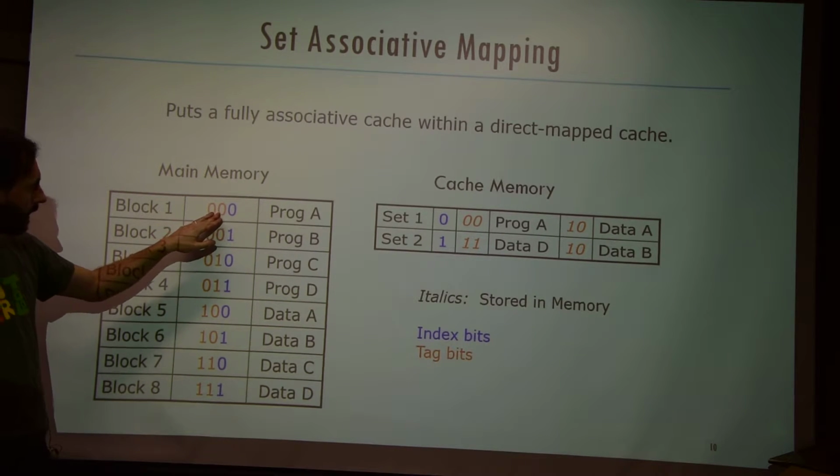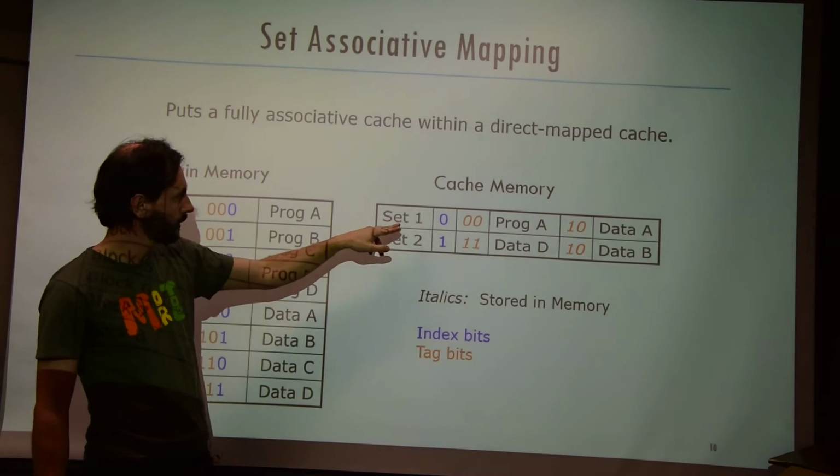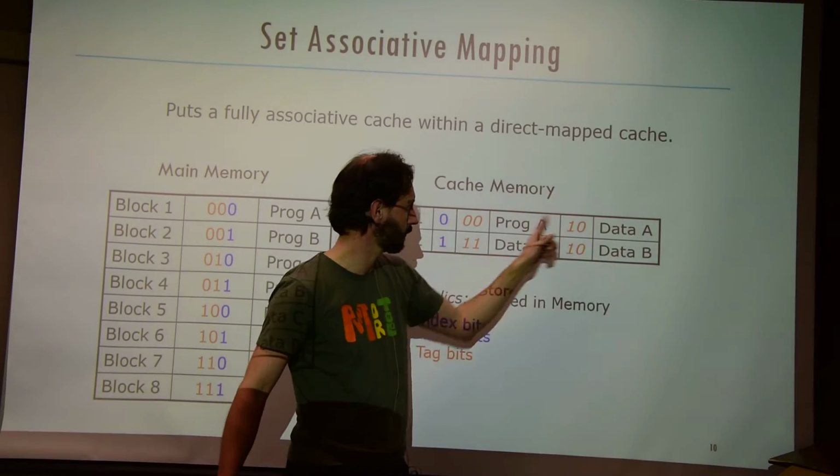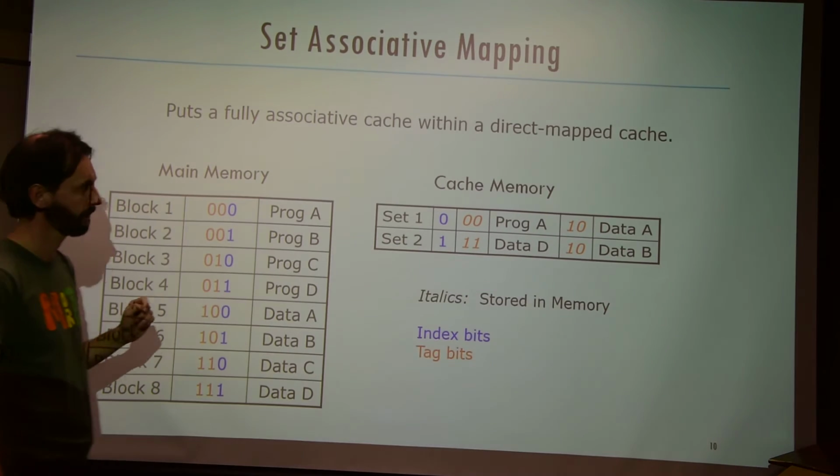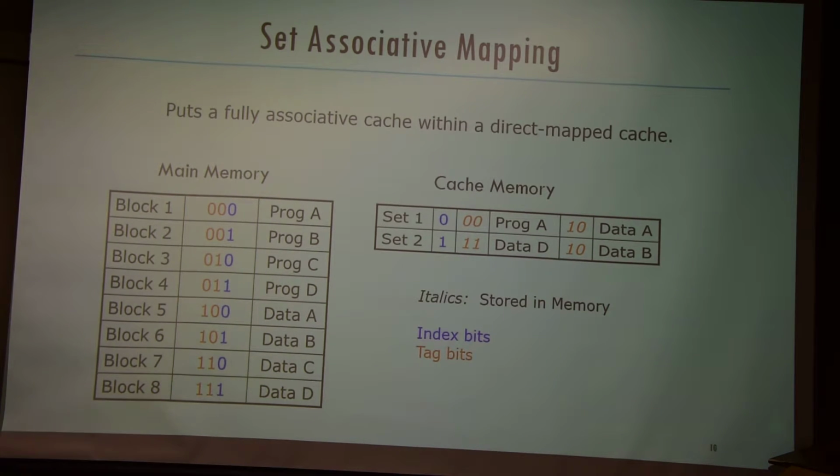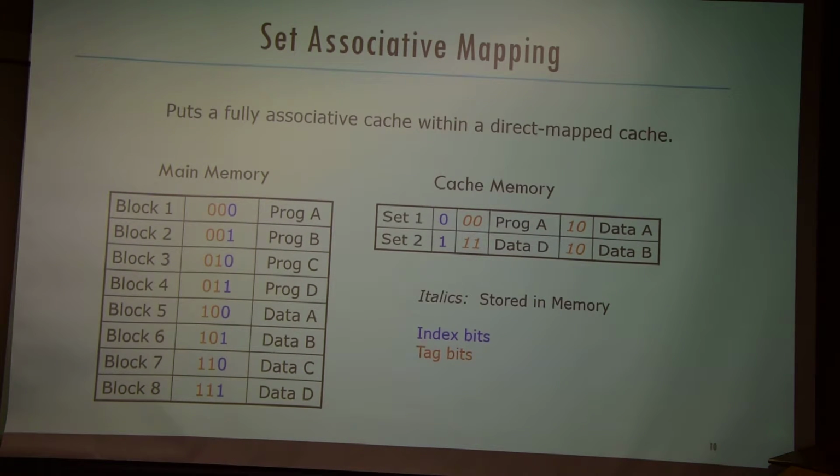Okay, so program A I can store in set 1, but I noticed that there are 2 possible spots for storing program A. So that's more flexibility than the direct mapping, where I only had 1 spot to store a value.